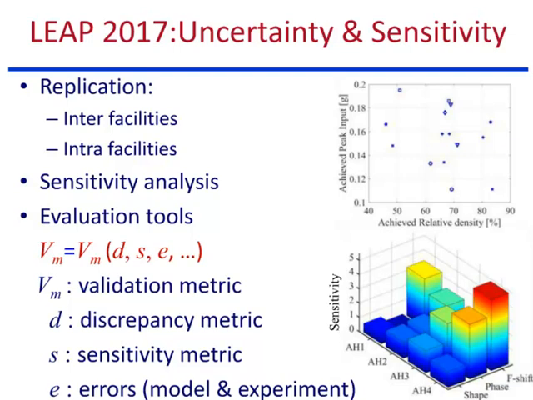The outcome of these tests is being used to assess the sensitivity of the recorded response to variability in input parameters. Our objective is to develop validation tools and metrics that are going to be a function of the discrepancy, sensitivity, and errors so that we can assess the validation of different computational models.